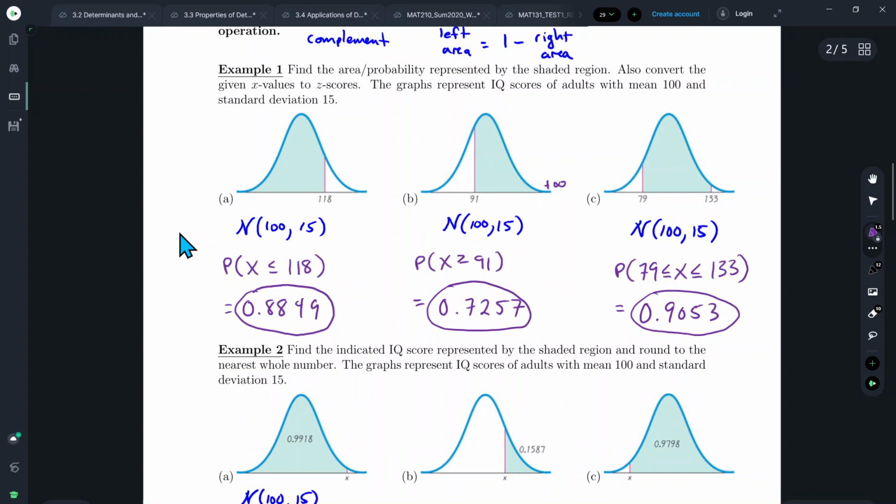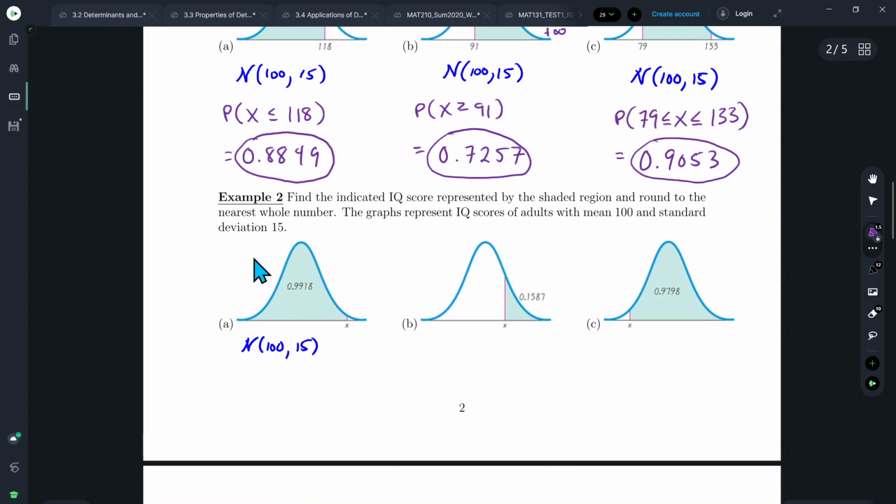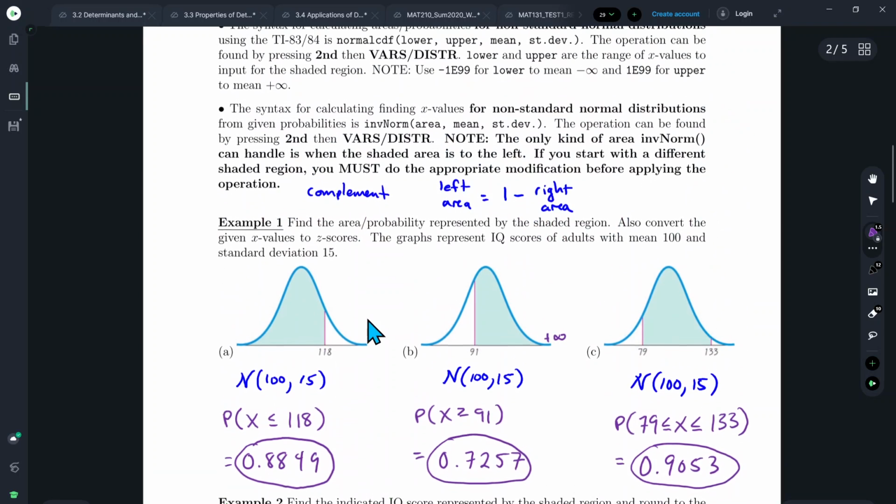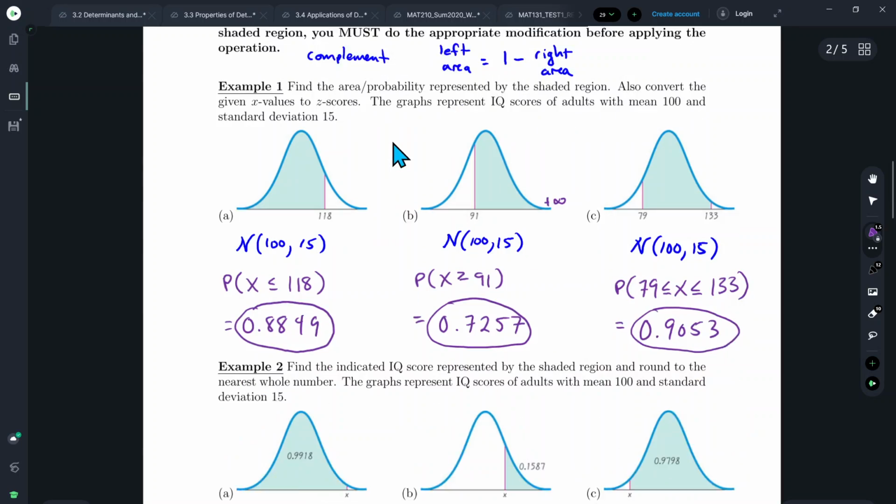Okay, so now let's take a look at example 2. So in example 2, we're given the area of the shaded region. So we're given the probabilities, and we're asked to calculate the x value of the indicated point. And so here in problem 2, because we're trying to calculate x values, we have to use the inverse norm command.